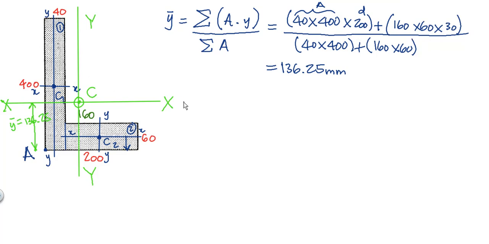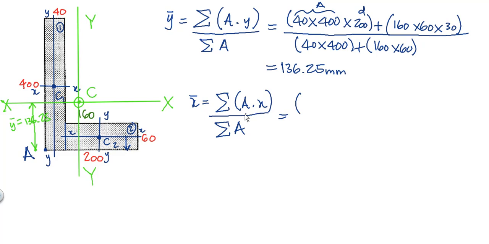Bar x, the same. You'll see there that when we do bar y, we are working with vertical distances. When we work out bar x, we're working with horizontal distances.